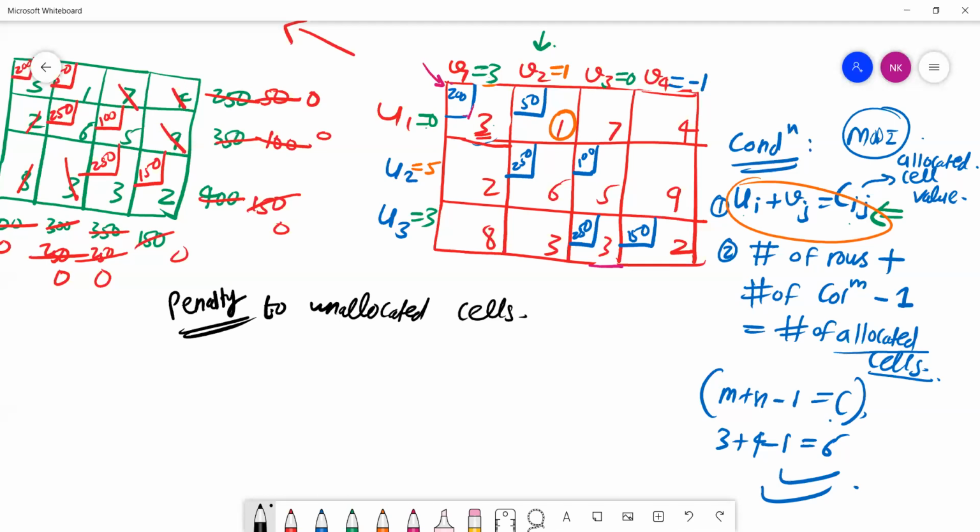Penalty to unallocated cells. So what is the penalty value Pij? The penalty value to the unallocated cell, any cell that you can consider, Pij is equal to Ui plus Vj minus Cij.